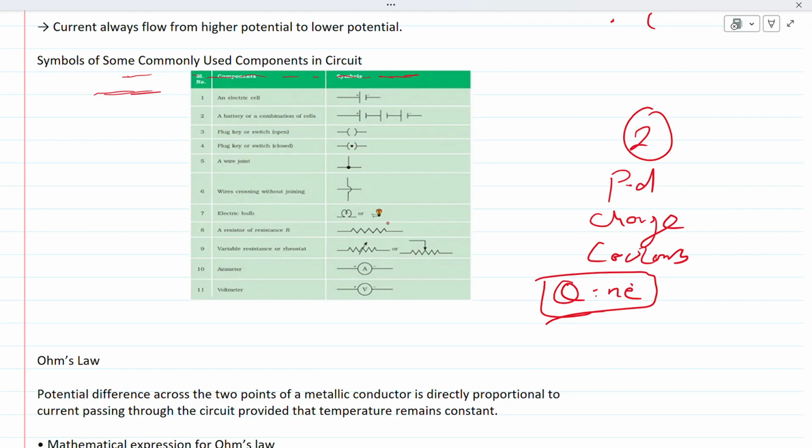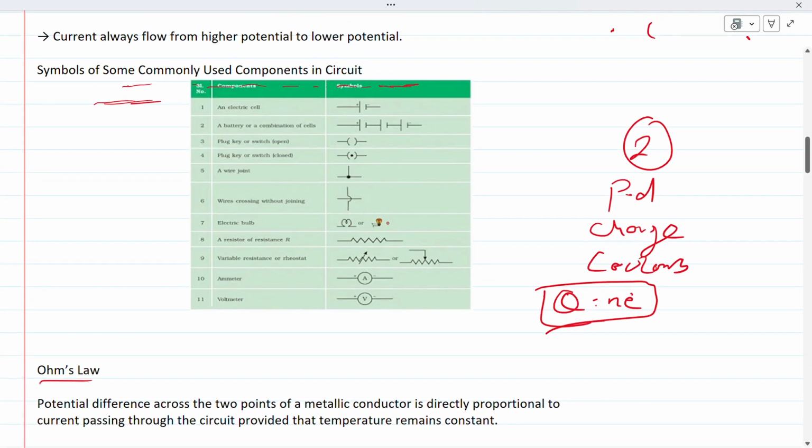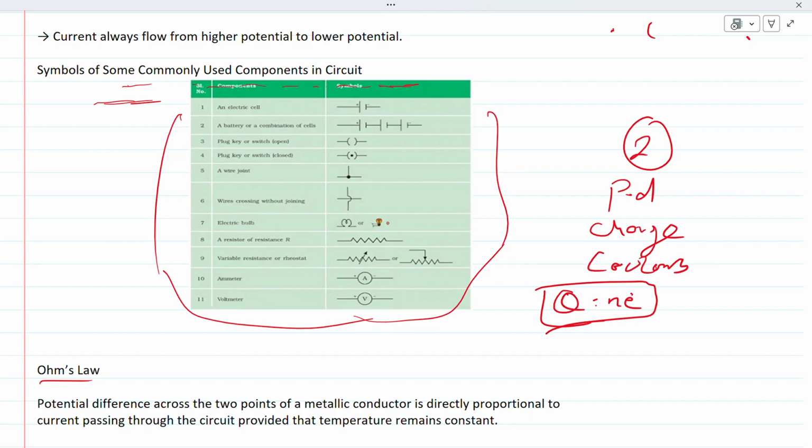So let's start Ohm's law. Before that, this is a very important diagram, a very important table. You all have to remember this. In this we have components and their symbols. First of all, take an example: the component is a cell.